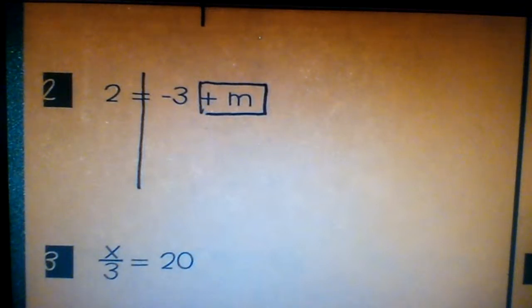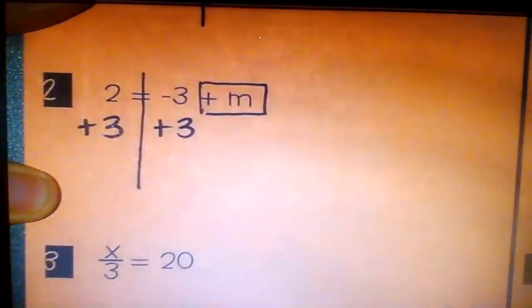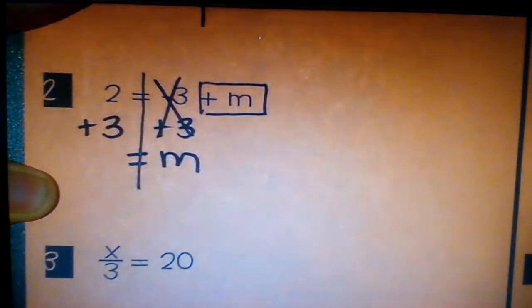Negative 3. Okay, I need to move it to the other side of that line. So instead of subtracting 3, I need to add 3. So I add 3 to both sides then. So these cancel on the right and M equals 5. Good job.